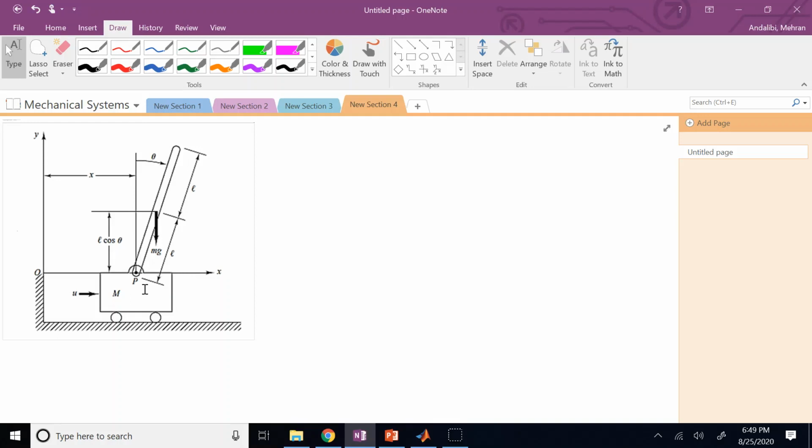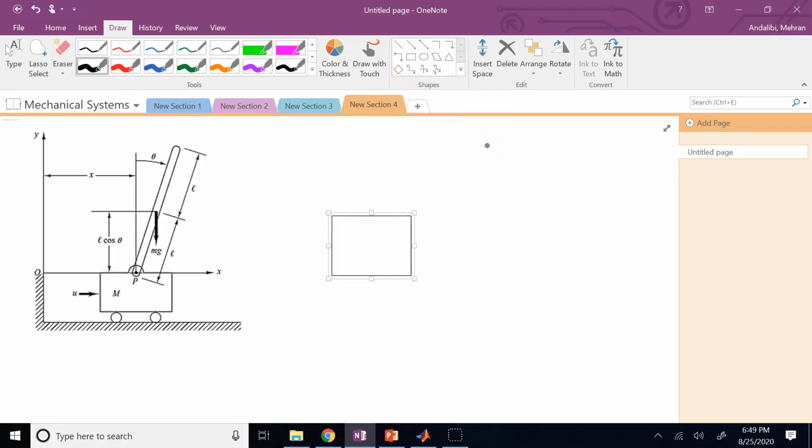We are not even interested in rotation motion of the tires. So what we need to do is first we draw the free body diagrams. One of them is this box, and the other one is the pendulum.